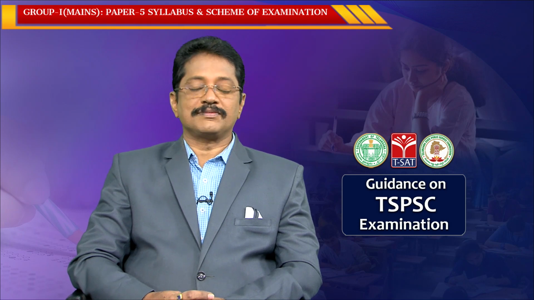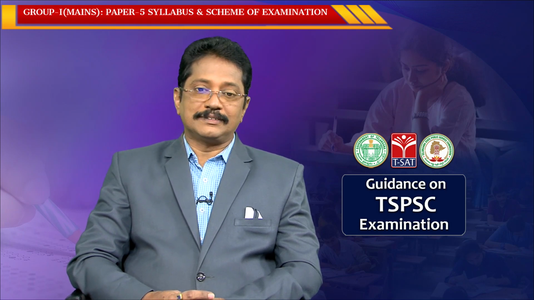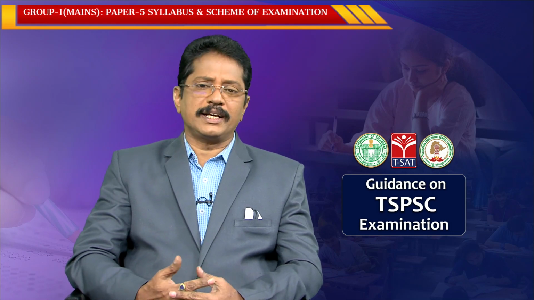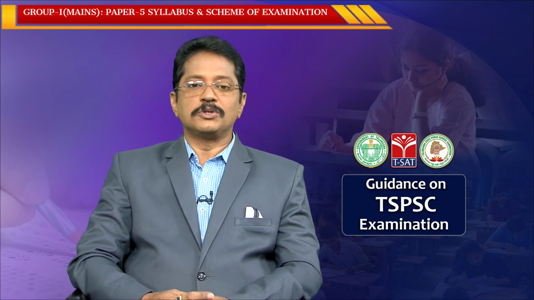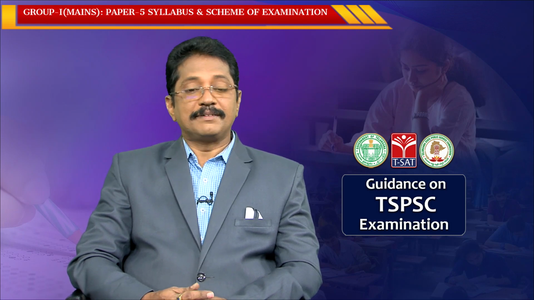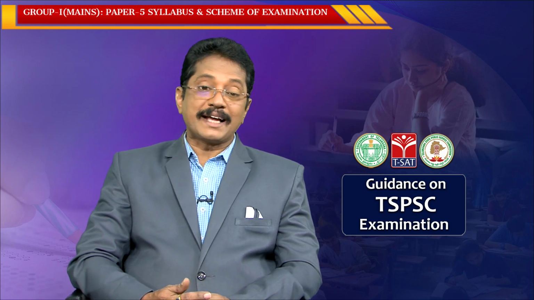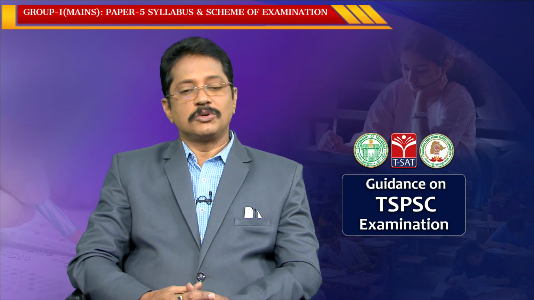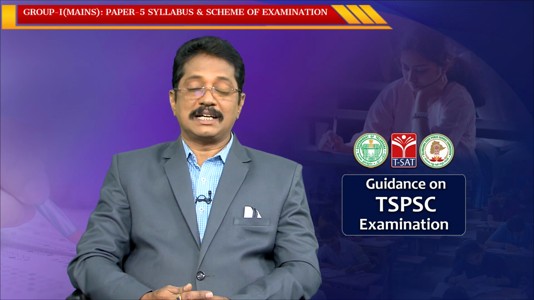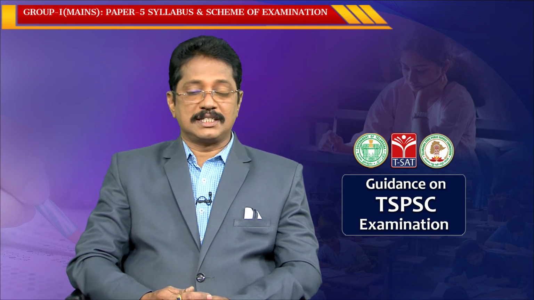We will discuss which areas we are going to cover and how the questions will come, because this is a scoring paper, mostly for non-mathematics background people. So you have to give more importance to the preparation of this paper. It helps to get a maximum score, because it is mostly concerned with mathematics, and you can get full marks in the examination.